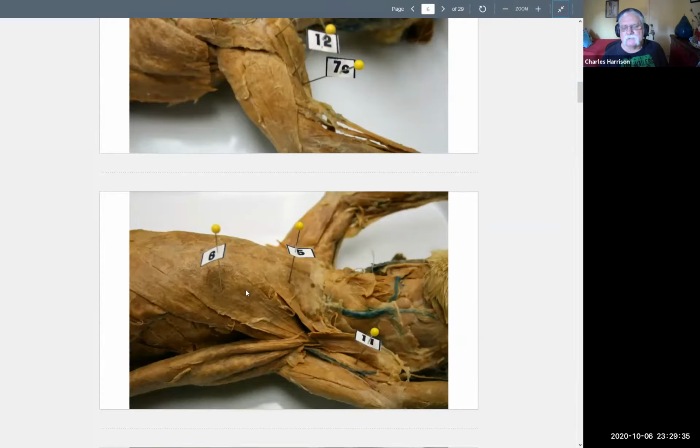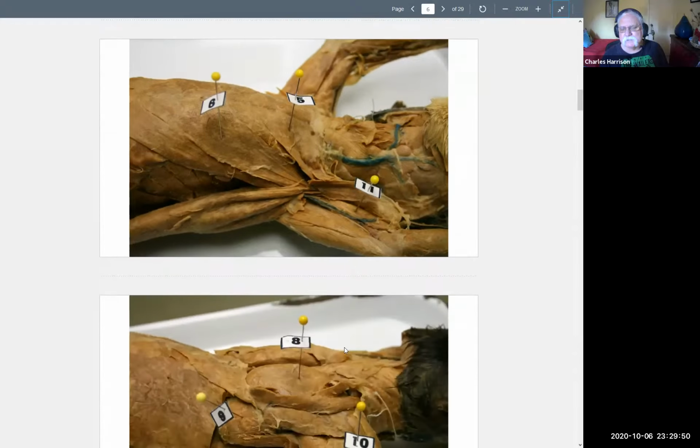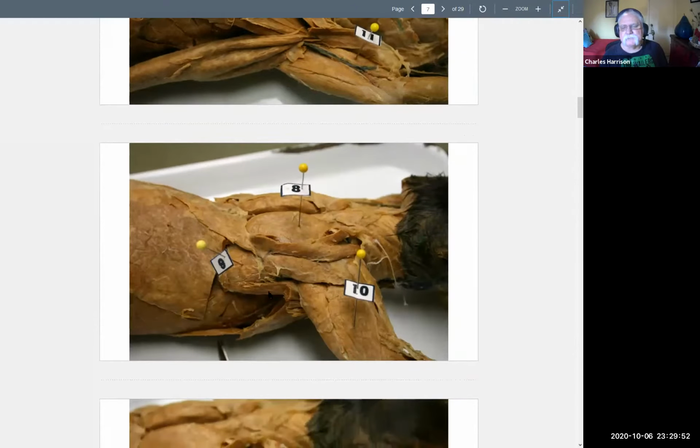Pectoralis major, pectoralis minor. This is a muscle you don't need to be concerned with, the xiphohumerales. Uncovered here, 11, the biceps brachii. On top of the scapula, we have the supraspinatus, infraspinatus, and now it's labeled one of the heads of the triceps.